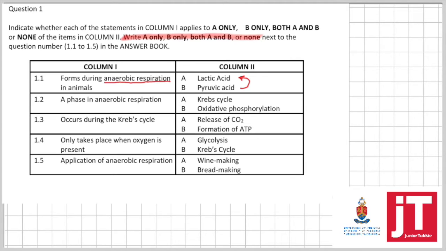This says to us that whatever we're talking about forms during anaerobic respiration in animals. Now, if we think of anaerobic respiration, what we should click to automatically is the fact that with anaerobic respiration, there is no oxygen present. And if no oxygen is present, when we look at the process of cellular respiration, we're only moving through the process of glycolysis first.